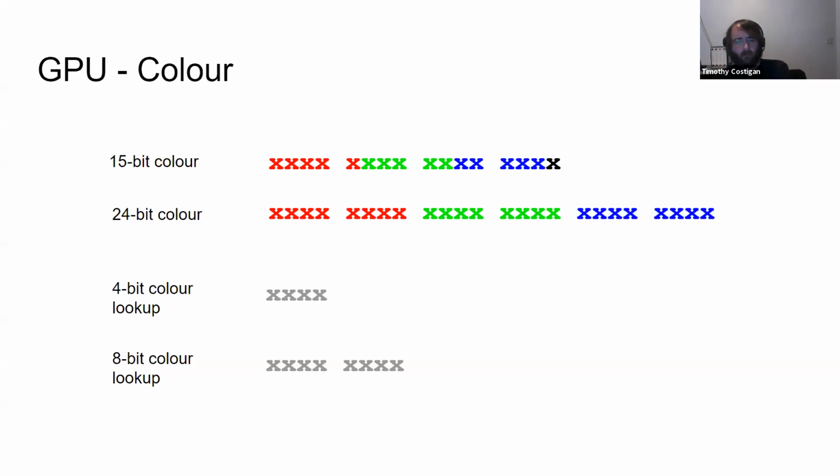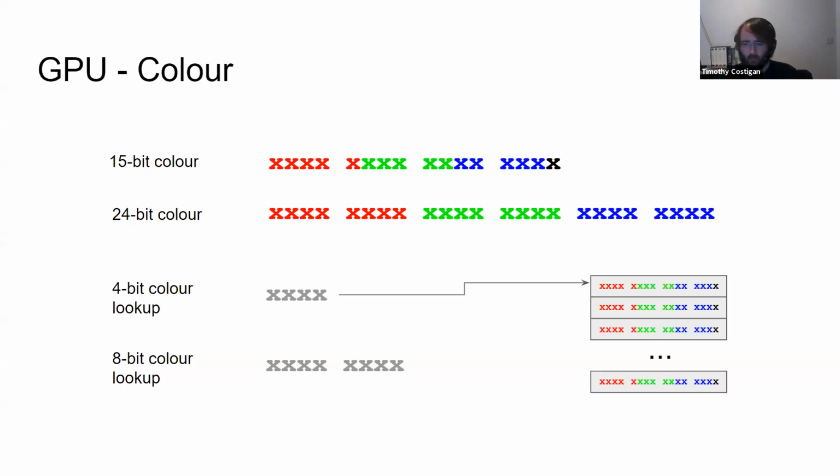Because of the limited texture space, you also could do color lookup palettes. So you would store pixels in a texture not as 16 bits really, but as either 4-bit indices or 8-bit indices, allowing either 16 colors or 256 colors if it was 8-bit.